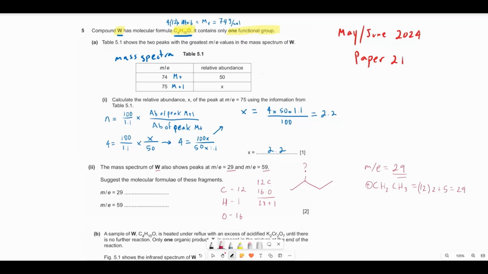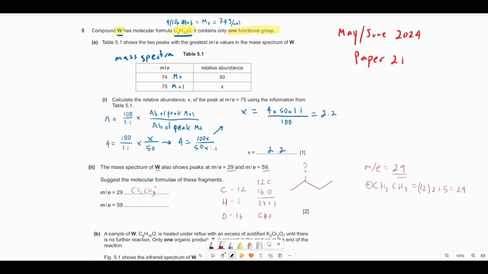And that doesn't make sense, right? CHO is not something that we find very commonly other than in aldehydes. So even though that could be an option, and you could put it, it's more than likely going to be the CH2CH3 peak.